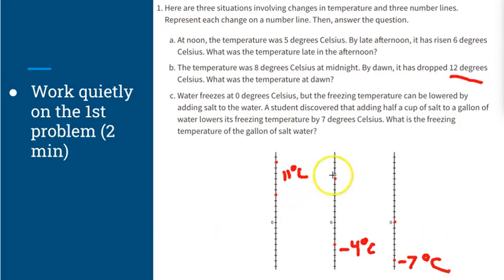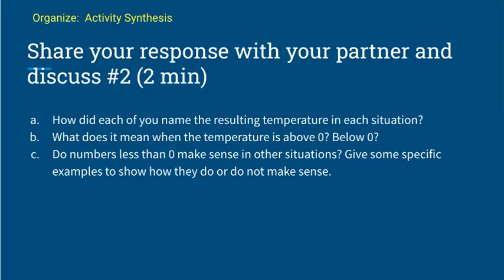So the negative is just talking about how we go on the other side of 0. It's a little bit different to think about, but it's certainly something we can work our way through. So we named the temperature by the Celsius, but any of the numbers that were above 0, we just said the number, right? When it got to be below 0, that's when we added the word negative to it.